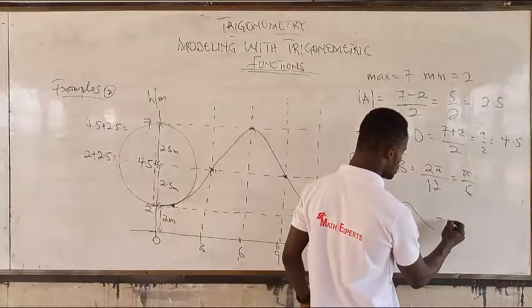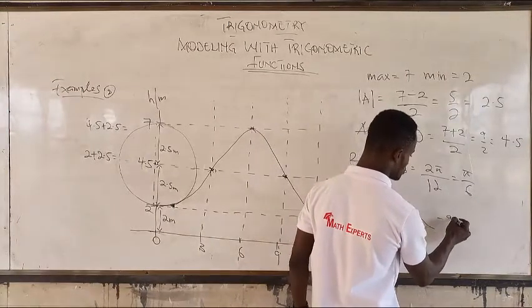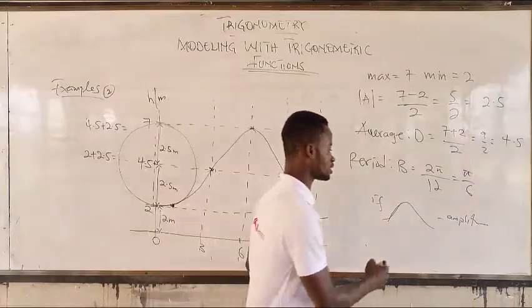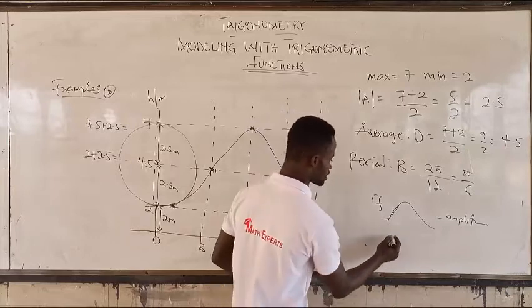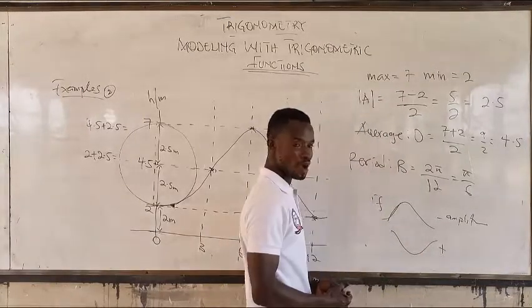So here, you need to negate the amplitude. Note it. Very, very important. But if it's like this, that's going to give a positive amplitude.